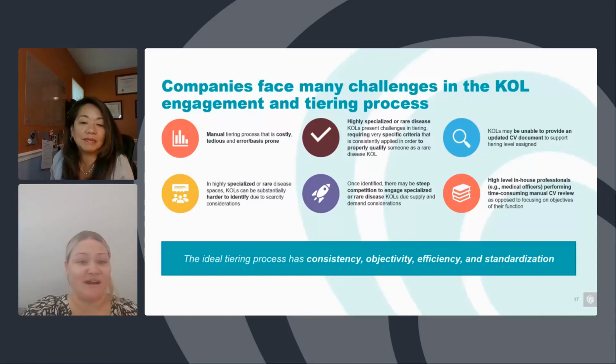That process is very costly. It's tedious. It's human error and bias prone by nature. It's also really tough within the established criteria to treat highly specialized or rare disease KOLs and really have criteria in there to address the nuances of rare disease.